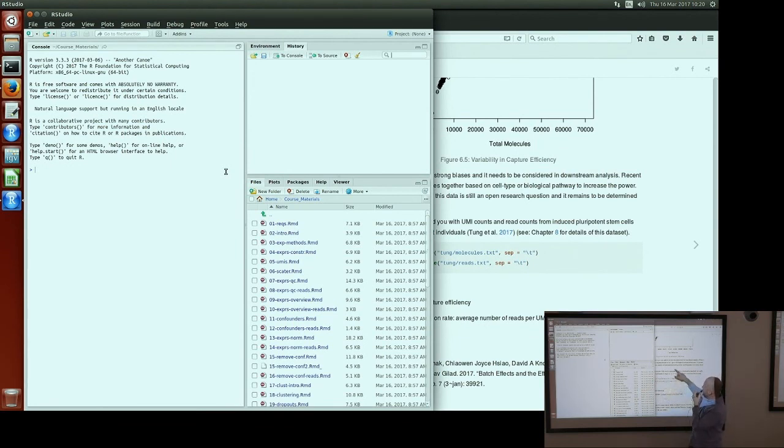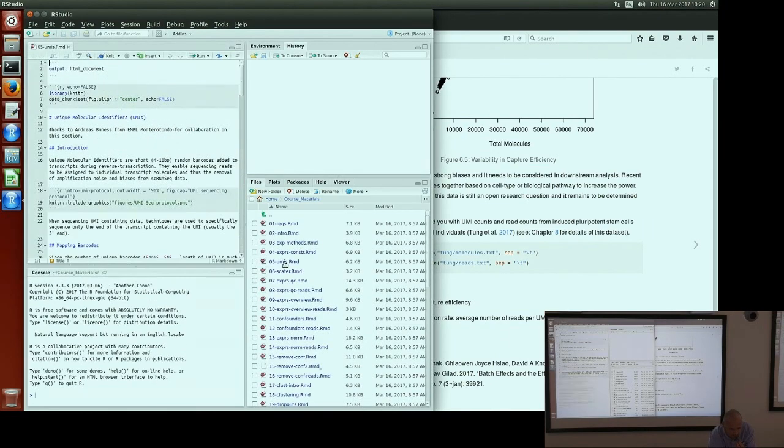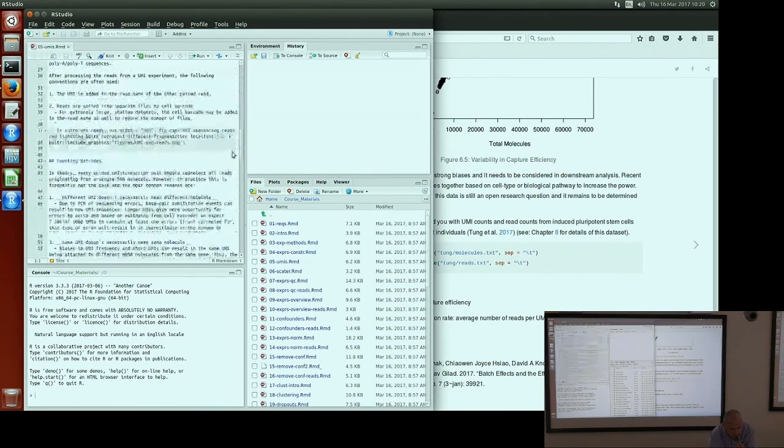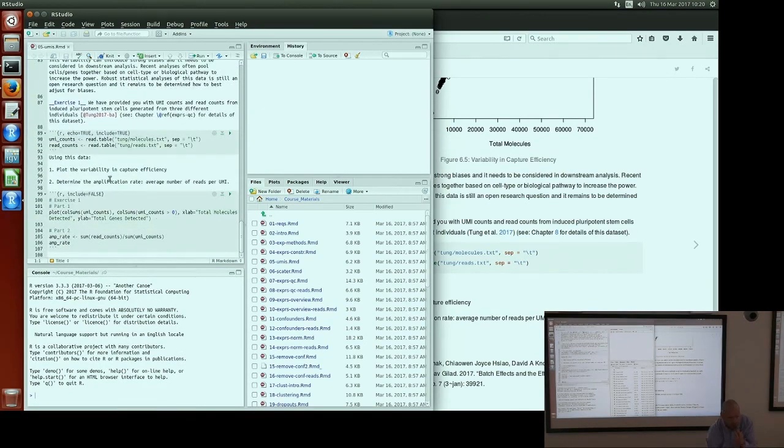This chapter is number 5. So if you click on it and go to the end of it, you will see the solution to the exercise. It's basically here. And for all the exercises that we have in the next chapters, you can do the same thing: go to the chapter that we are talking about, and then you can find the solution to all the exercises. But better first try to solve it yourself, and then if you can't, go to the solution and see how you can solve it.